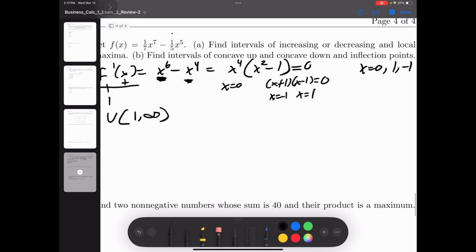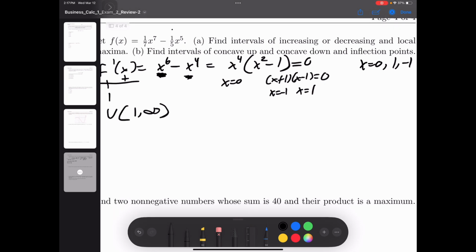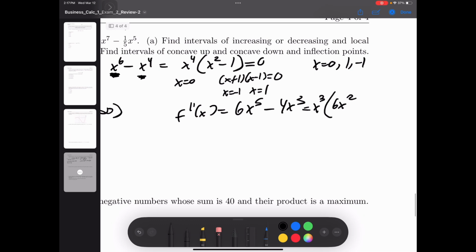To find inflection points, remember we take the second derivative. So f double prime of x is going to be 6x to the fifth minus 4x to the third. And we notice this is equal to x to the third times 6x squared minus 4.